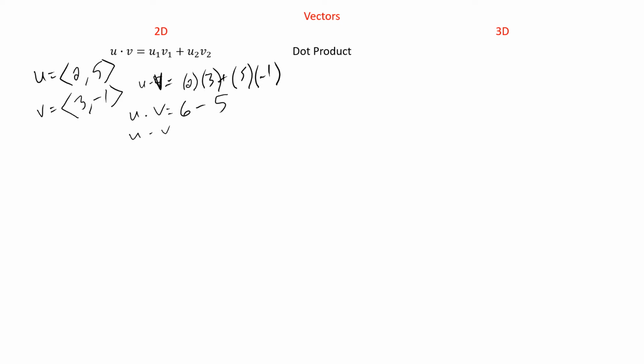So u dot v, in this case, would equal 1. Notice this is a scalar, this is a number, this is not a vector. The dot product returns a scalar, or a number.